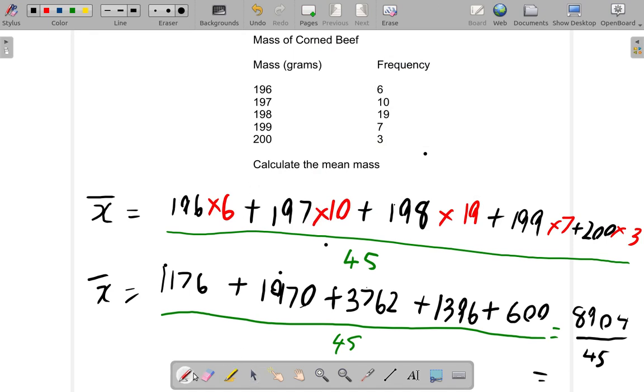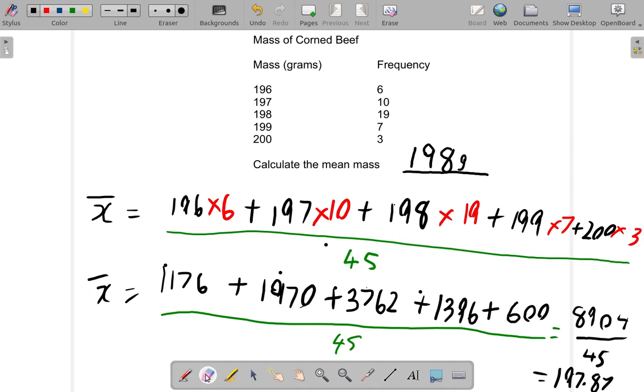Now since you have these to the nearest grams, let's put this to the nearest gram also. So the mean mass, to the nearest gram, is 198 grams. So you have to be careful when you calculate the mean from a frequency table.